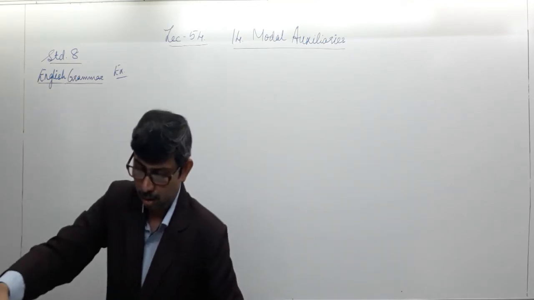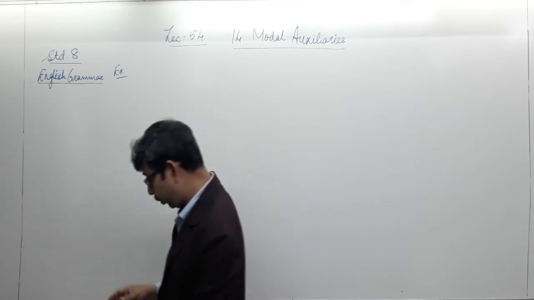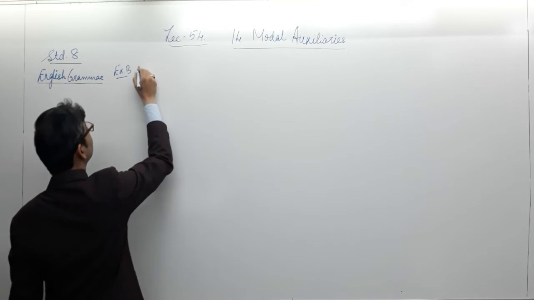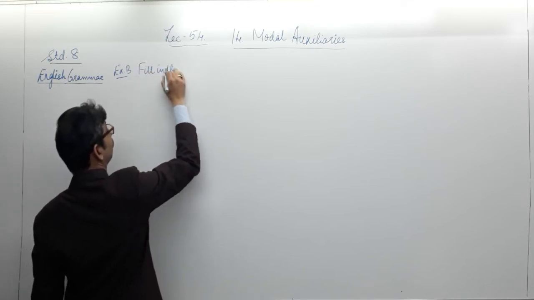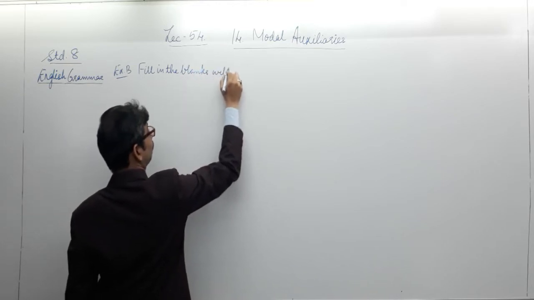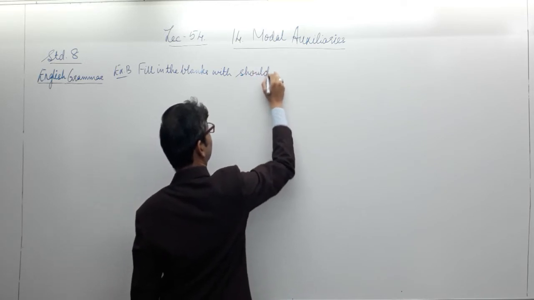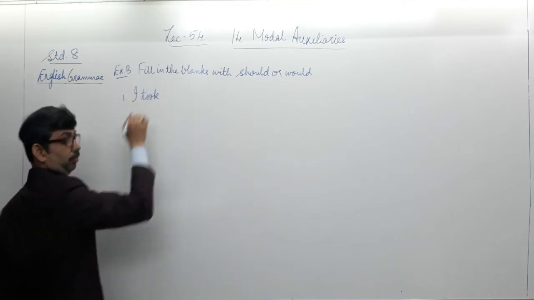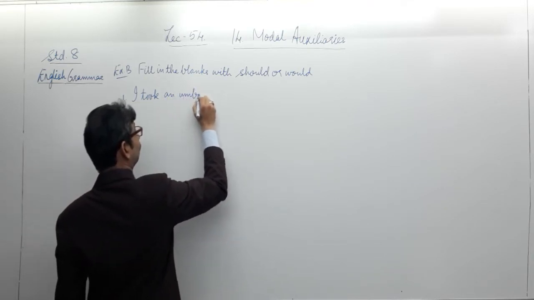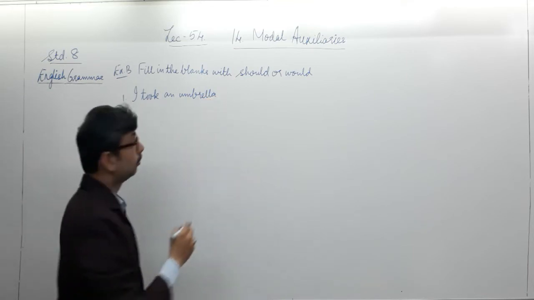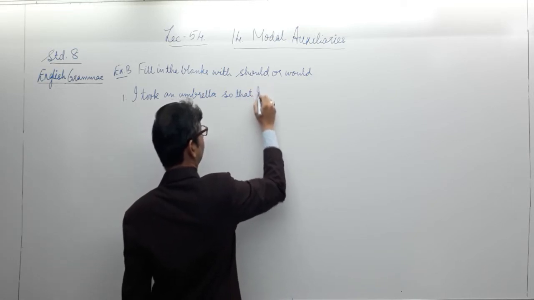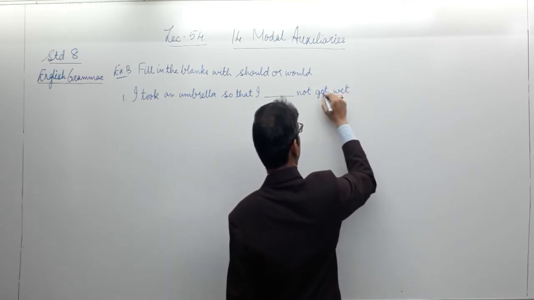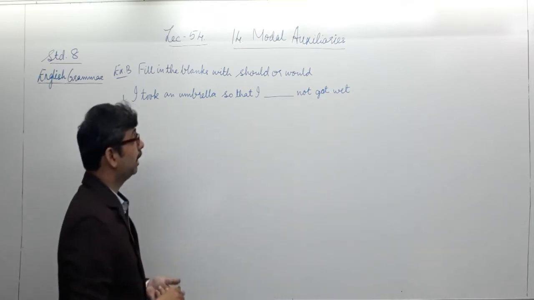First sentence, I took an umbrella so that I dash not get wet. Well, the answer given to you in the example sentence is would.